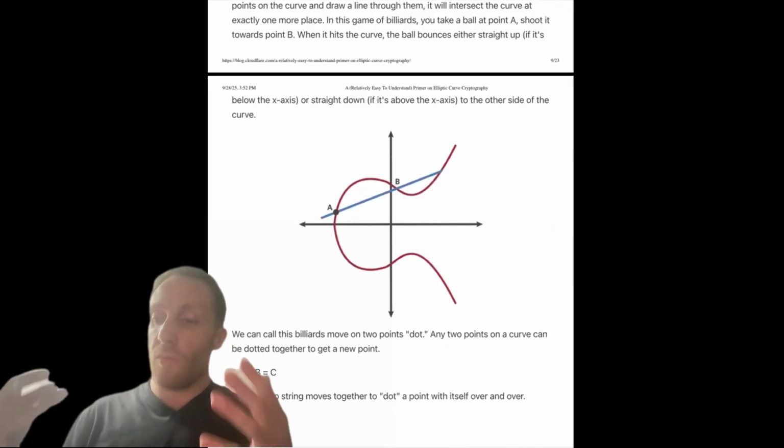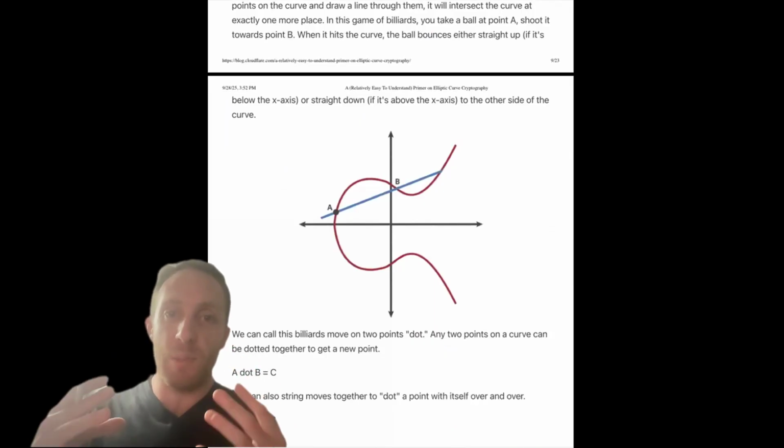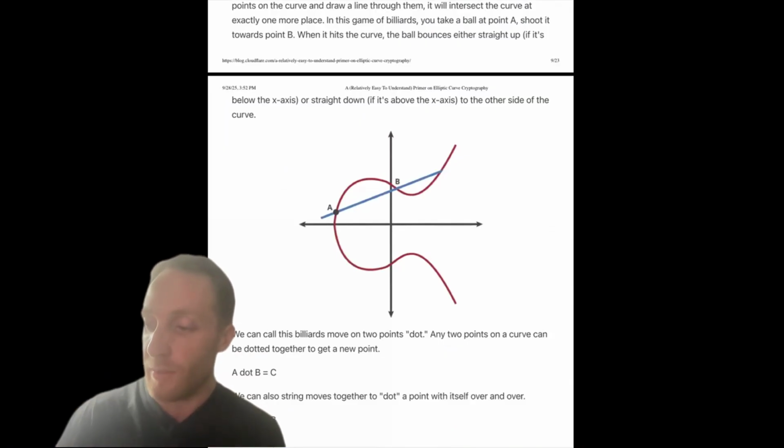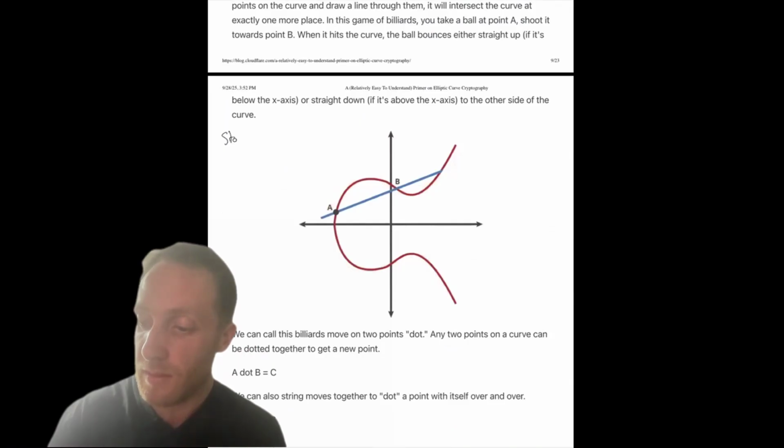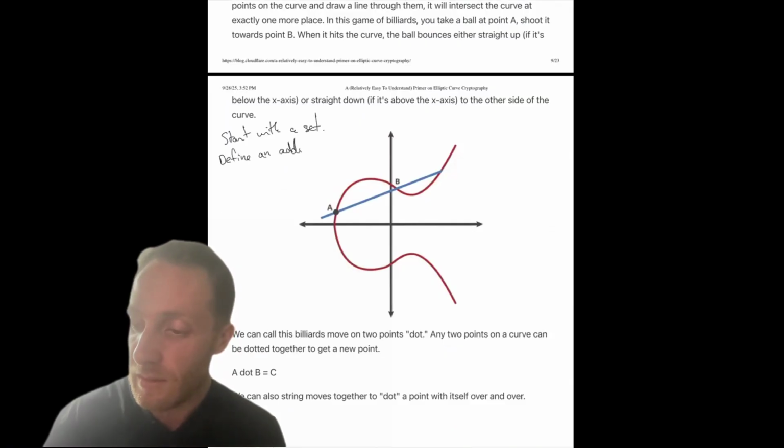What matters here is let's define an addition. Right now what we have is purely a set: a set of points here, the red curve. We start with a set, and now we define an addition on the set.